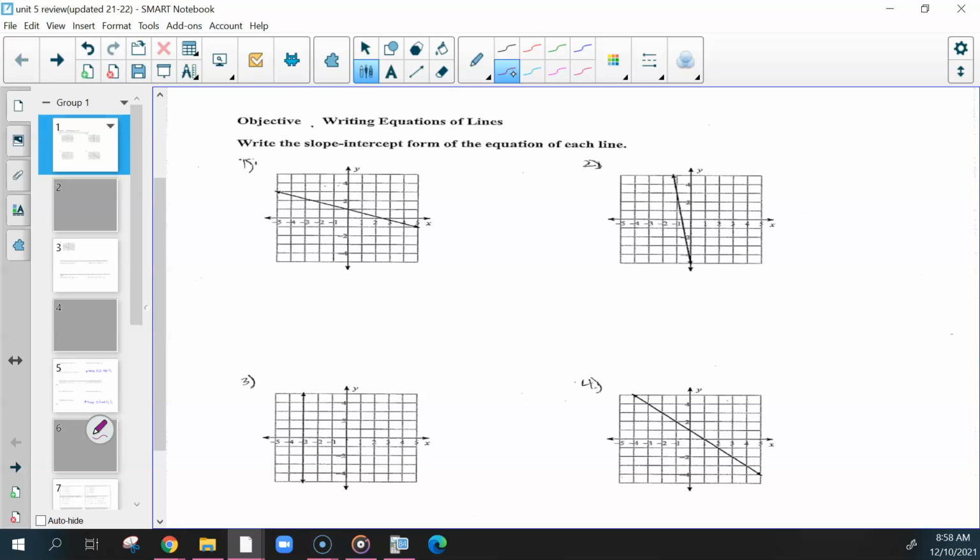Y-intercept is easy because that should be where it crosses the y-axis. So that would be at -5. It starts to go towards -4, but it doesn't actually until later.